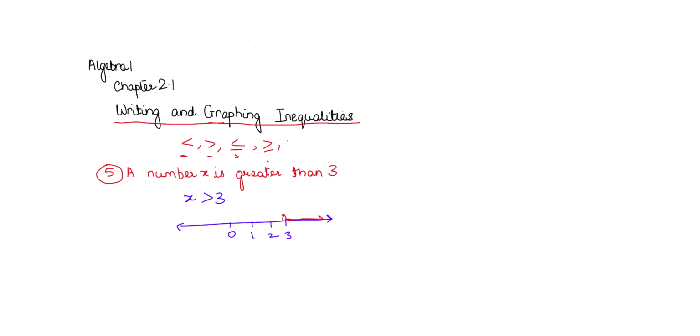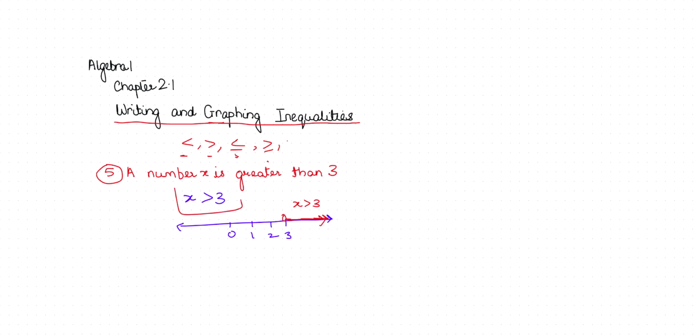We draw an empty circle at 3 because 3 is not included. So on this number line, this is how we graph it and this is how we represent it.